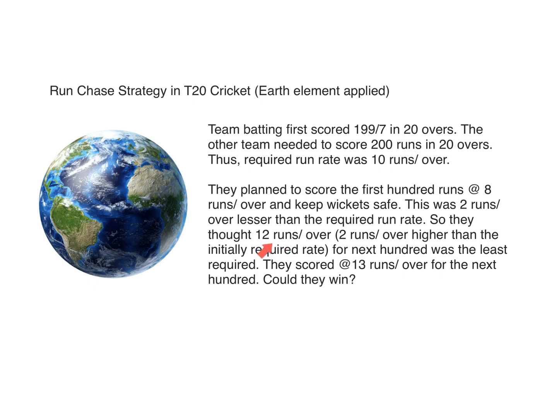So since the 8 and 12, the average of these two is 10, and they scored at 13 runs per over in the second 100 runs, it is definitely better than 10 runs per over, which is the required run rate. So it gives the impression that they should be winning the match.